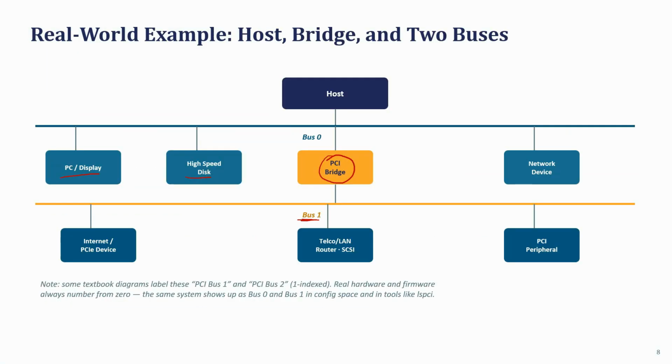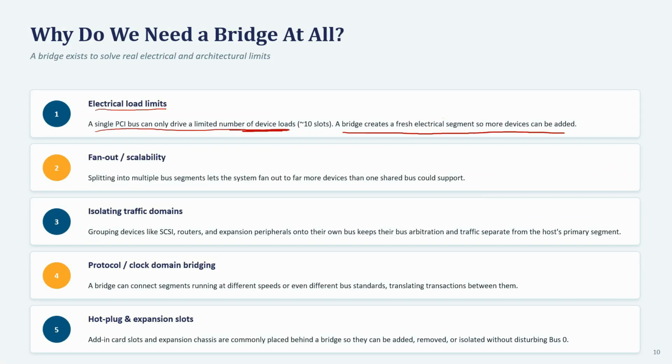So you can see over here, if I connect all the devices to this same bus, then this particular bus cannot drive all these devices. So I'm going to have a bridge in between, which is used to attach a larger number of devices to the bus. Okay, so this is where I can use a bridge.